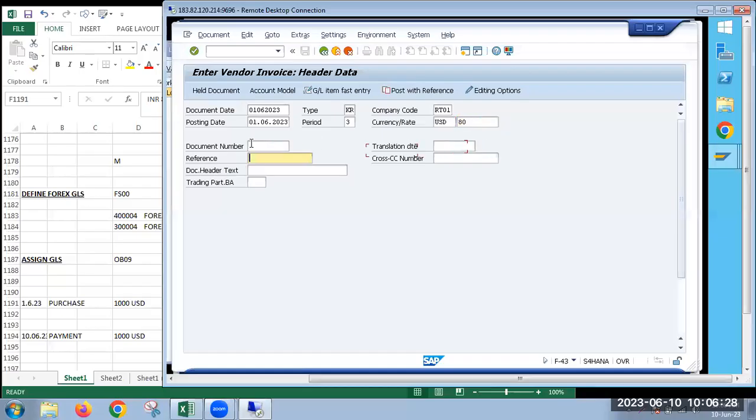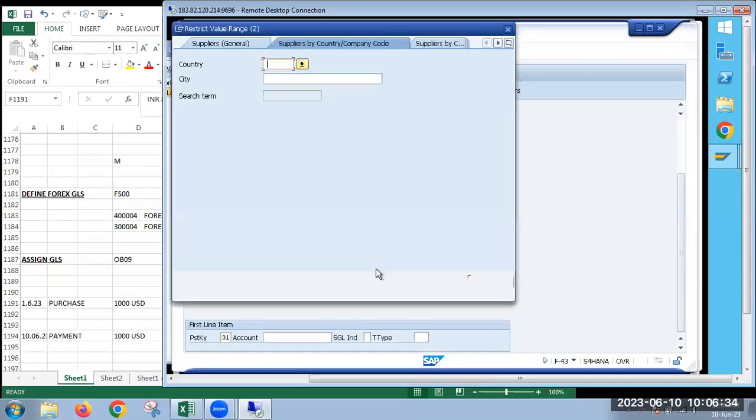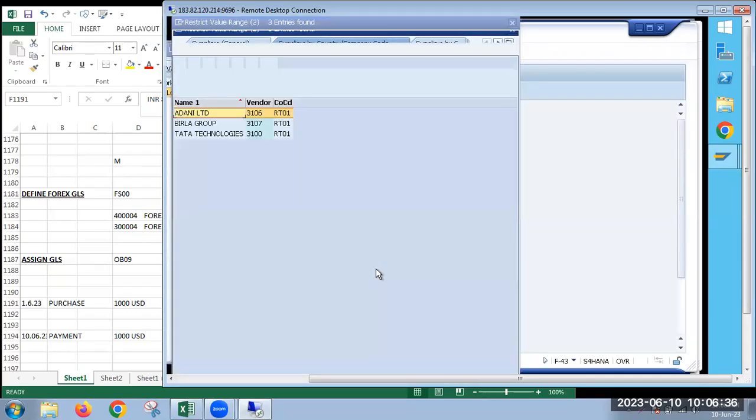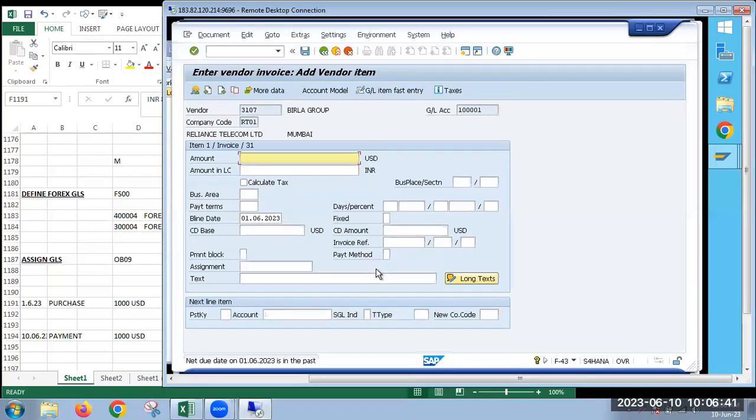Yes, we can go to vendor. To make a $1,000 transaction, the system will take it as 80.